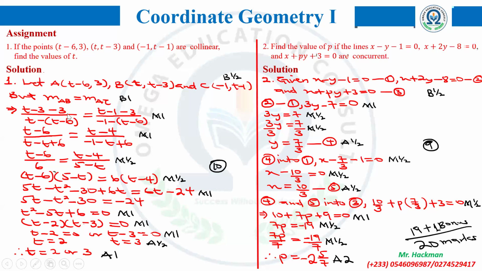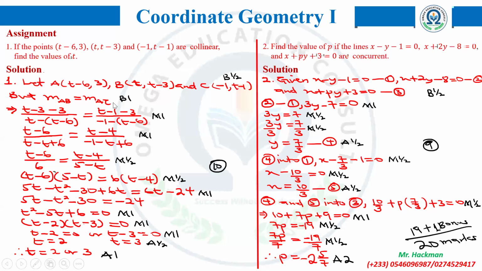If you are careful, you realize that I've mentioned AB, AC. Where is my A? Where is my B? So that should tell you that maybe you need to go and name your points. Or you can come down and write A is equal to this, B is equal to this before you go and substitute. Because we need to know the exact points representing A, B, and C so that we can understand your presentation.